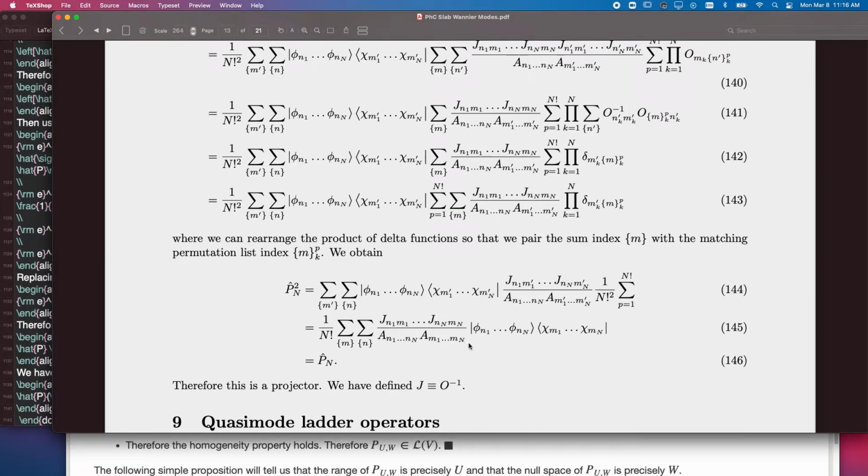Here, this is the projection operator. It's a sum.